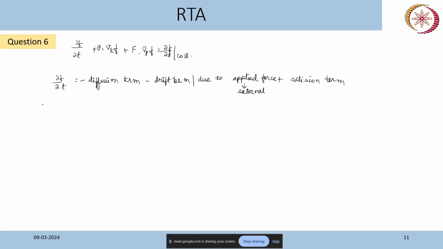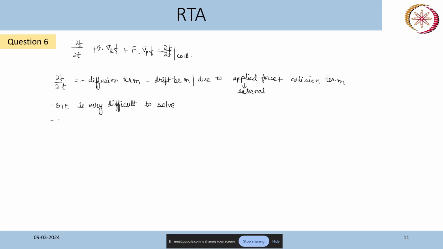Now, this equation is very difficult to solve. But it is very useful because we want to know how our distribution function changes over time, how carriers move. So we want to solve this equation, but it's very difficult to solve.